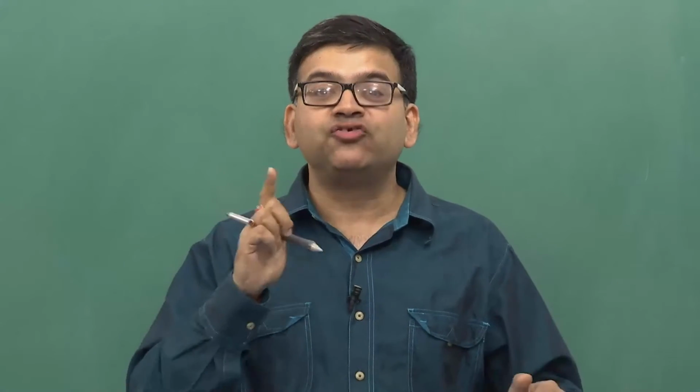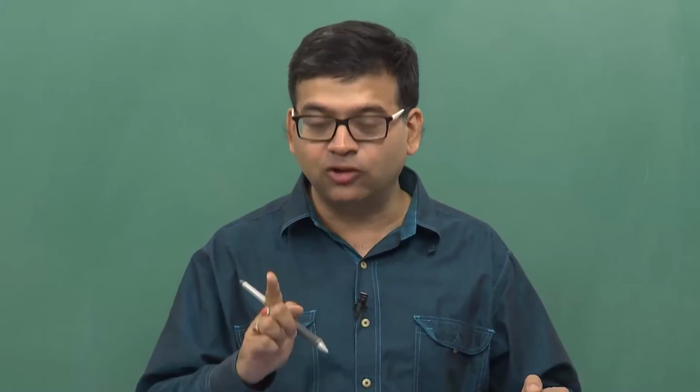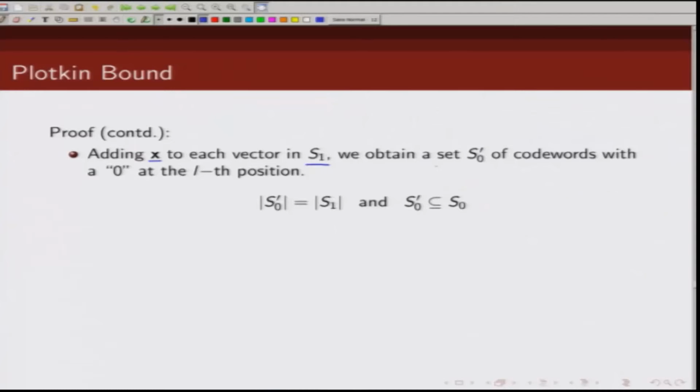So, when we add them together we get a new set of code words which will have 0 at the ith location. We denote this new set by S0 prime, and the number of code words in S0 prime will be the same as the number of code words which have 1 at the ith location.